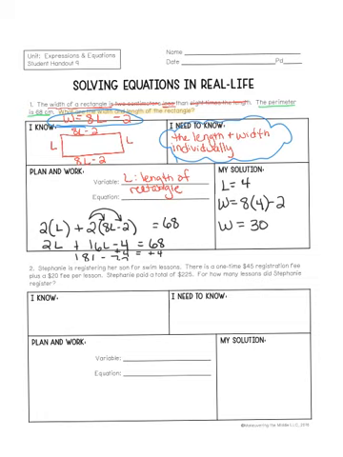Well, again, we need to focus on defining our variable, and then we also need to figure out an equation that represents all of this English word problem. So here we're going to start with, what do I know? Well, we know that the one-time fee is $45.